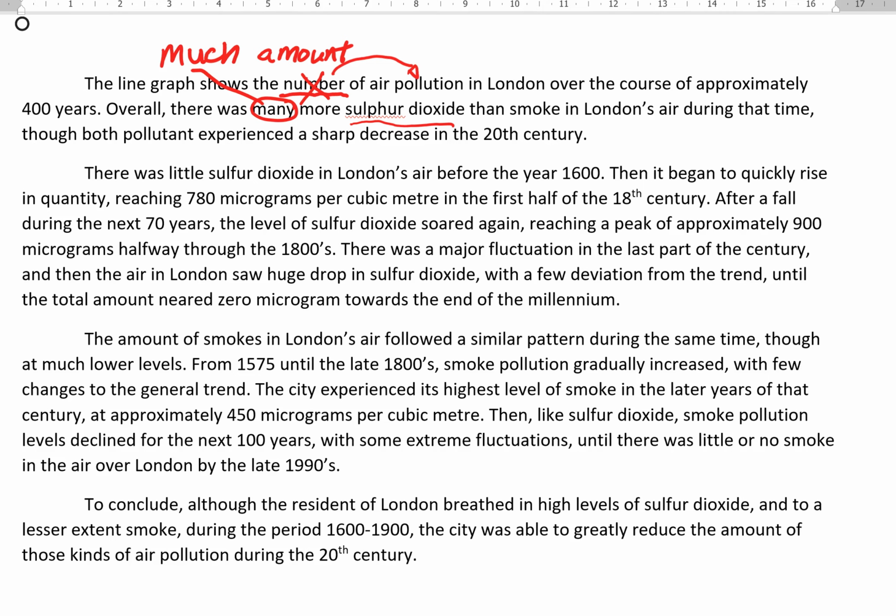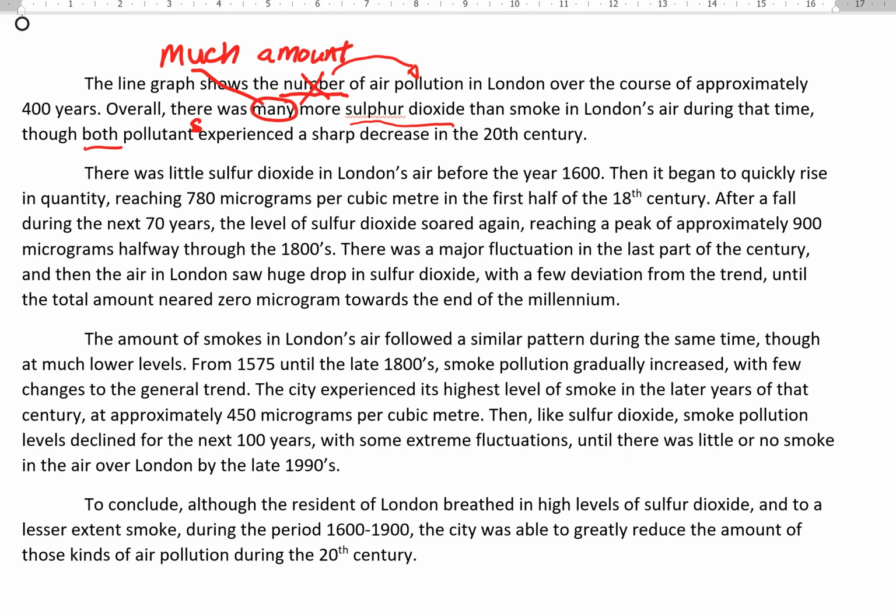During that time, though both pollutant. So here pollutant is a thing that causes pollution, and it is count. Pollution is non-count, but pollutant is a thing that causes pollution. We can count these things. So notice it says both pollutants, so we need S, okay?